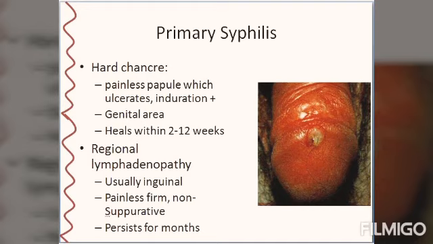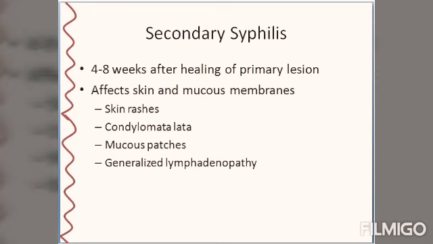It persists for months. Next is about secondary syphilis. It appears 4 to 8 weeks after healing of the primary lesion. It affects skin and mucous membranes. It manifests as skin rashes, condylomata lata, and mucous patches. You can see the pictures of all these conditions here.